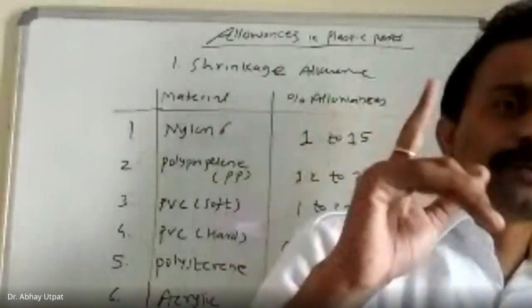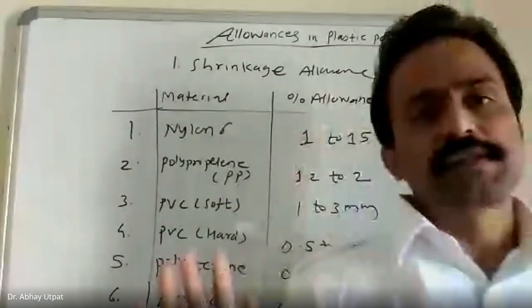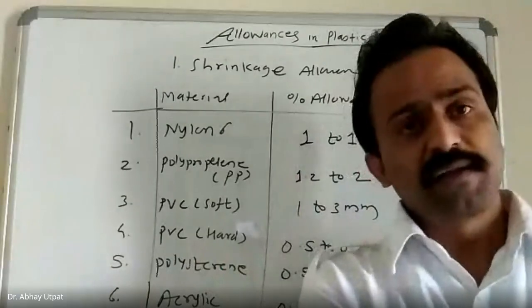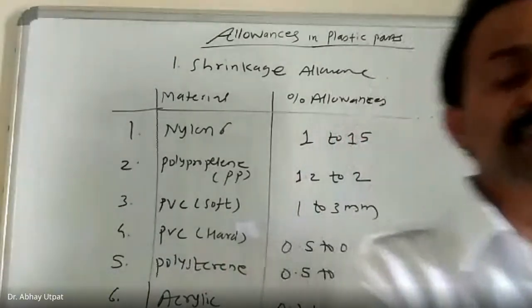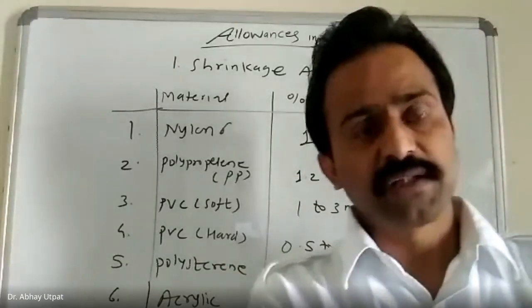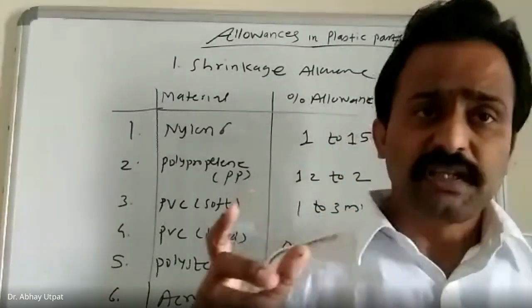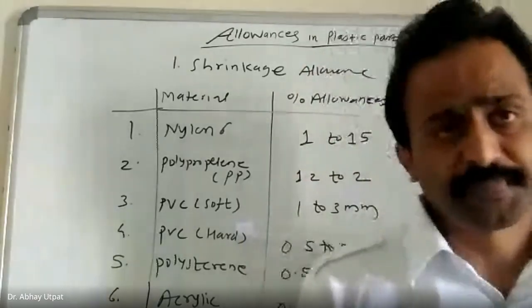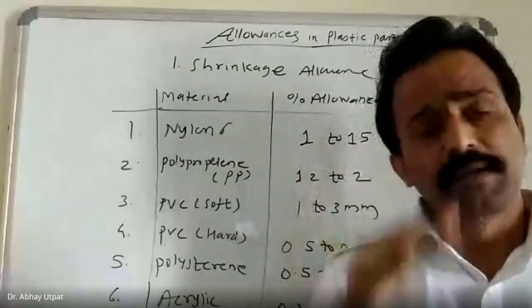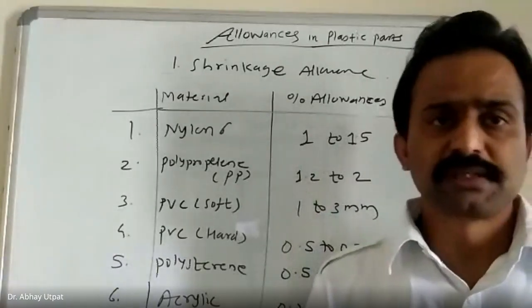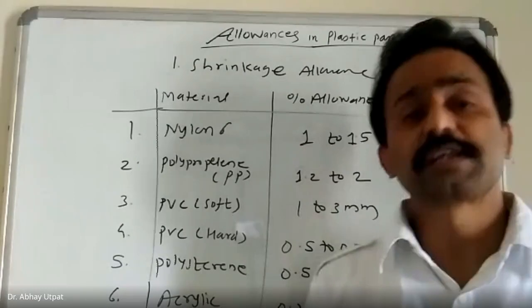If you select one particular material, suppose polypropylene, then for the same material, if process parameters are changed, the shrinkage will be different. When we say that every material has fixed shrinkage properties, but if during the working process parameters change, then your shrinkage behavior will be different.